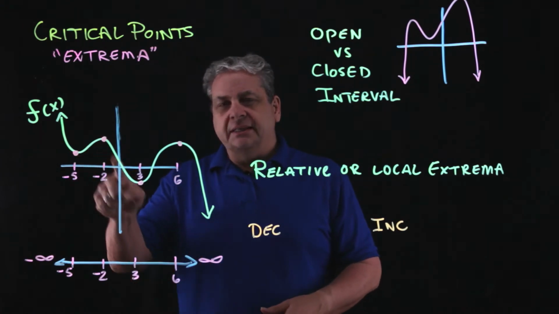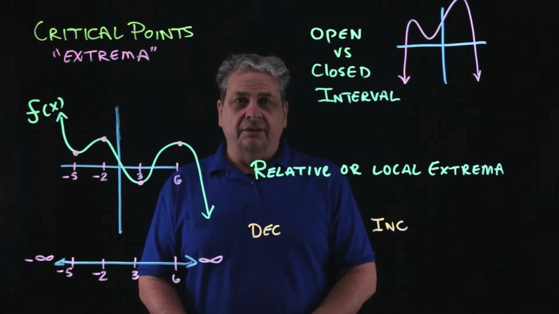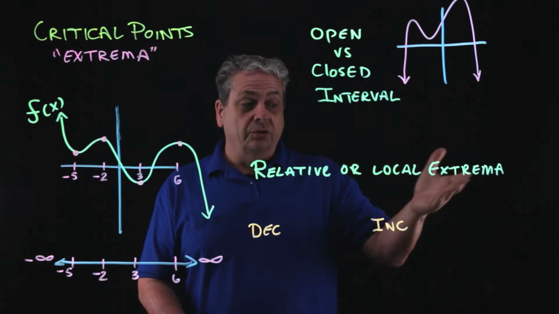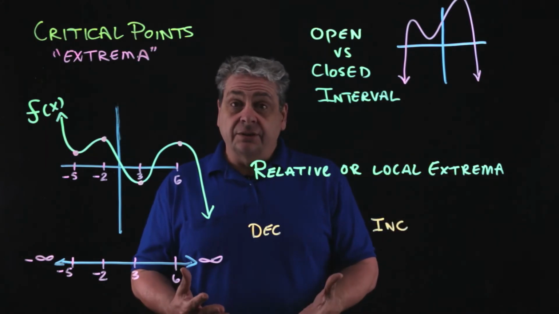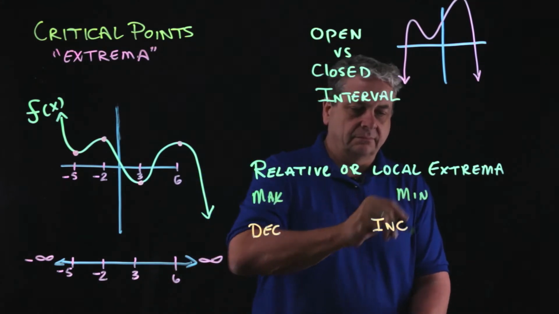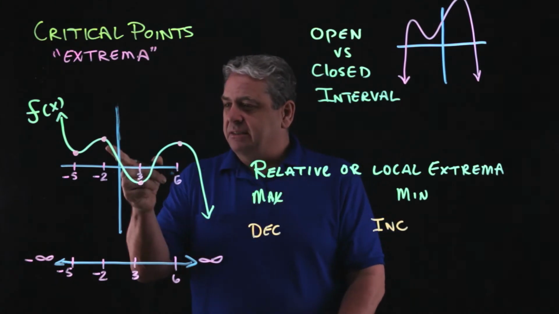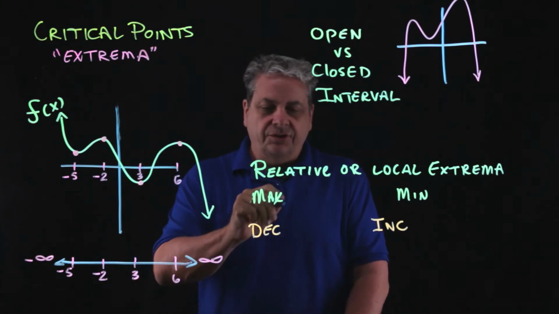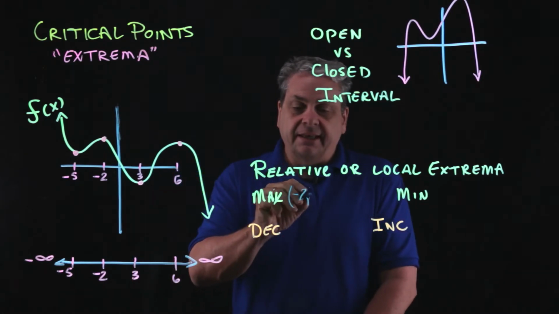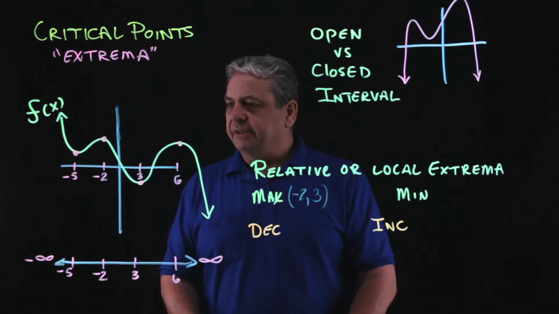So once we know what these critical points are, we can identify them as our local or relative extrema, okay? So let's do that real quick. All right, so we have a maximum here at this -2, and through some process, I'll just say that it is at 3, and I'd use a graphing tool or whatever to figure that out.